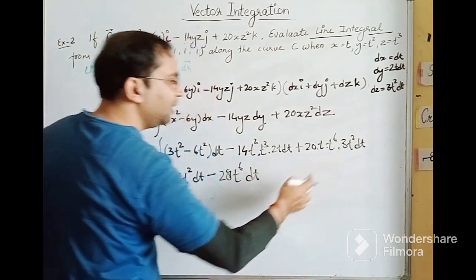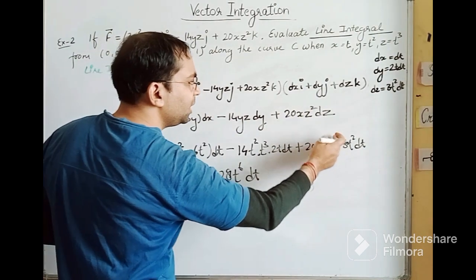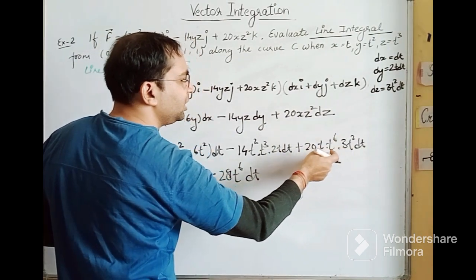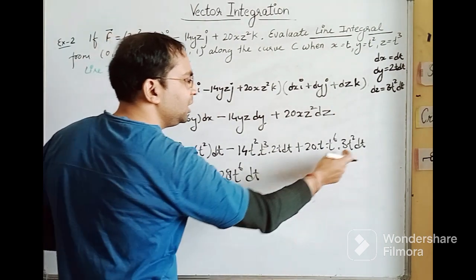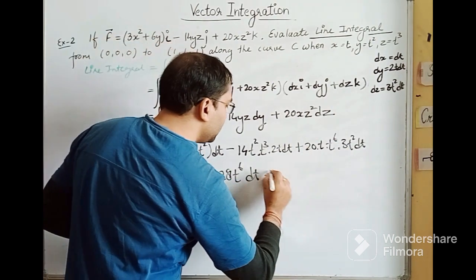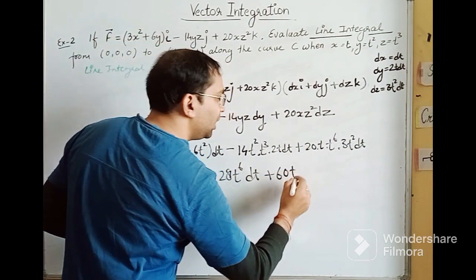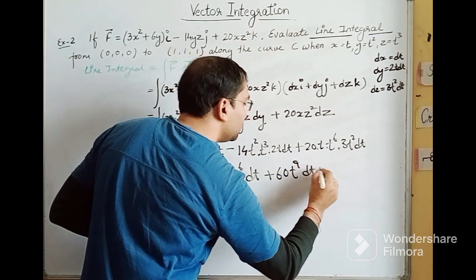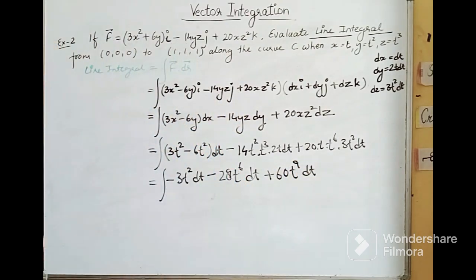And in the last we have t6, then t square, and then t. So this is t to the power 9, and 20 into 3 will be 60t to the power 9 dt. And now we'll take this dt common and we can perform the integration.